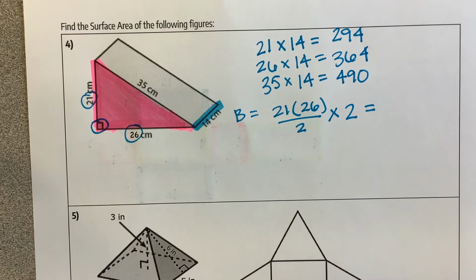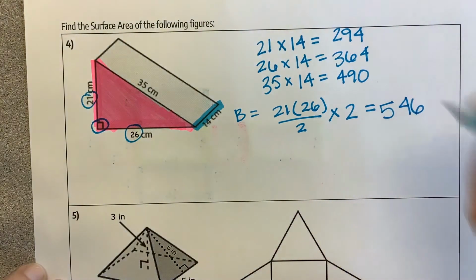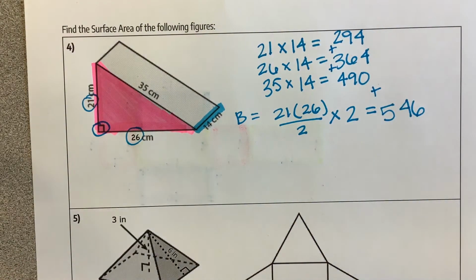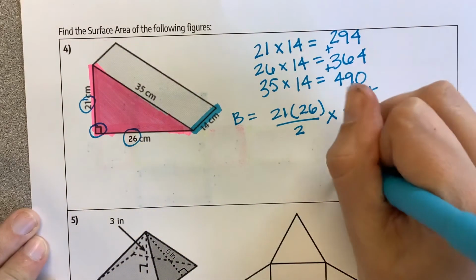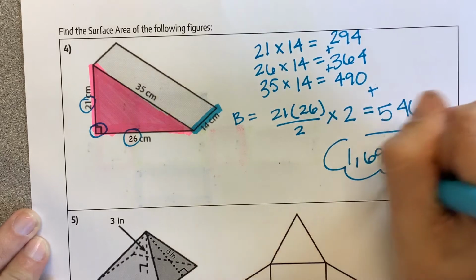And then 21 times 26 divided by 2 for one of the triangles is 273, but I am doubling it, so I get 546. So we're gonna add all of these together to get our total surface area of 1,694 centimeters squared.